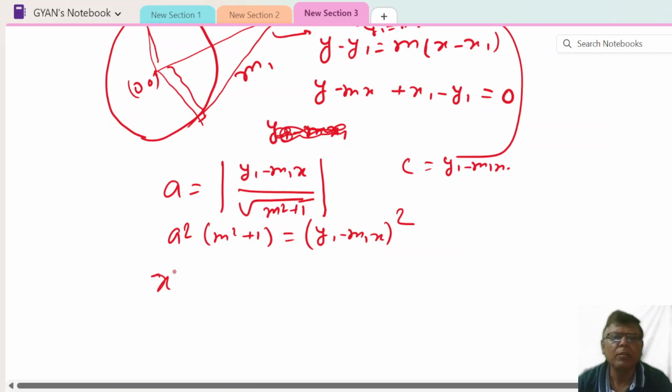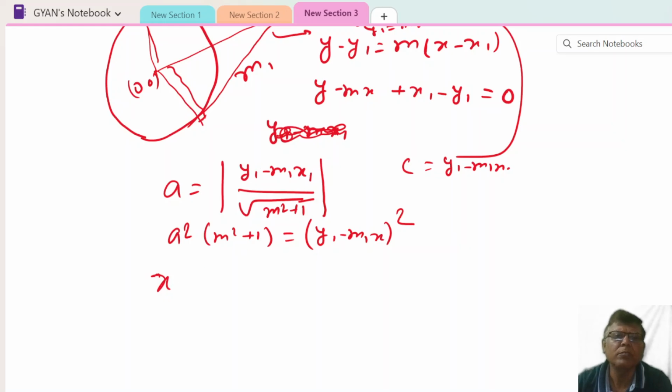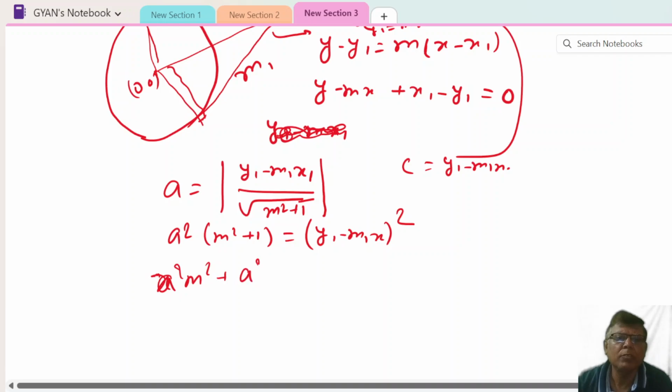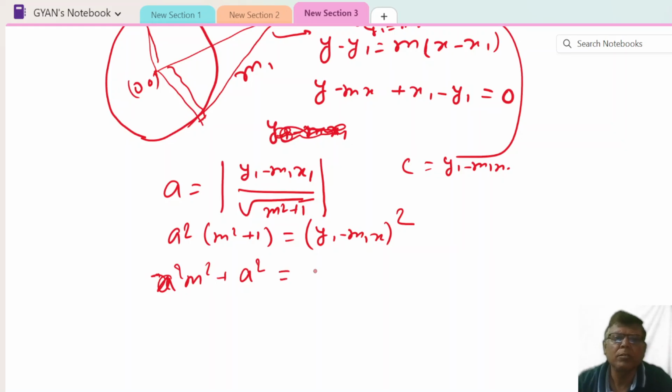So a square m square plus a square is equal to y1 square plus m1 square x1 square minus 2 y1 x1 m.